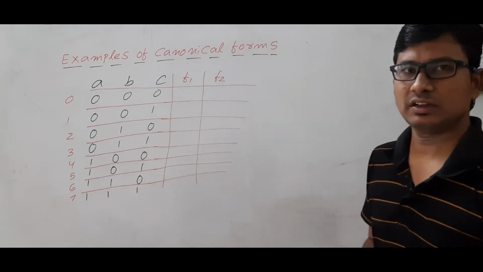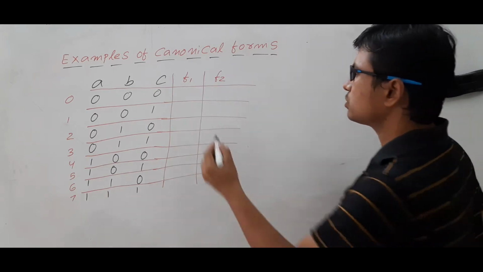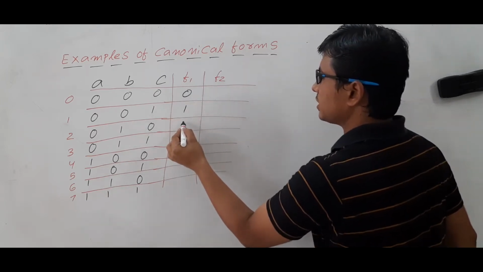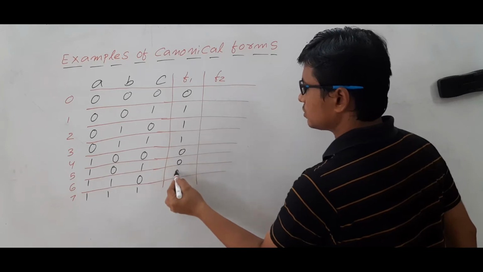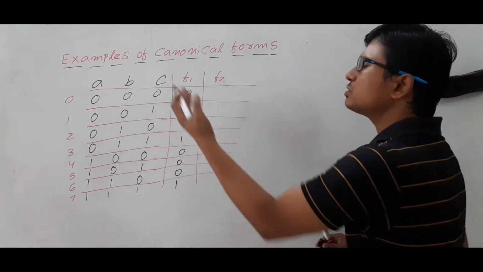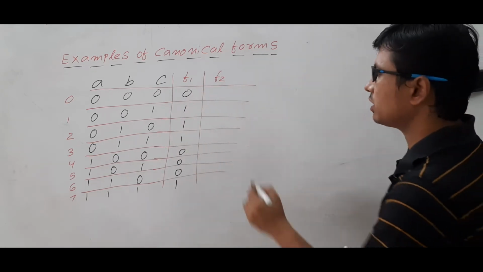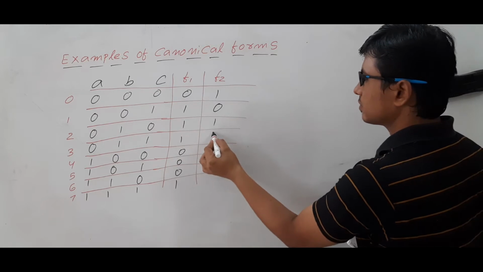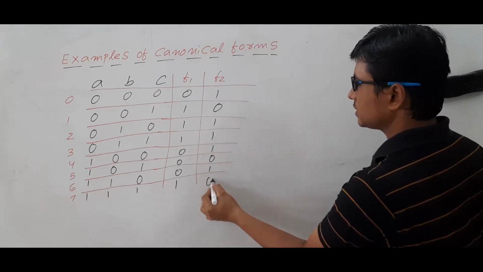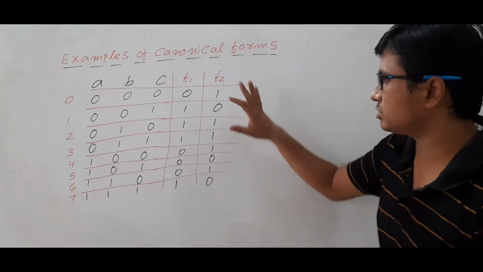This function produces the output as either 0 or 1. I don't want to worry about what function it is, it just produces the output as 0 or 1. So I am giving some outputs as 0 or 1 randomly. This is another function f2. It is also producing the outputs 0 or 1.